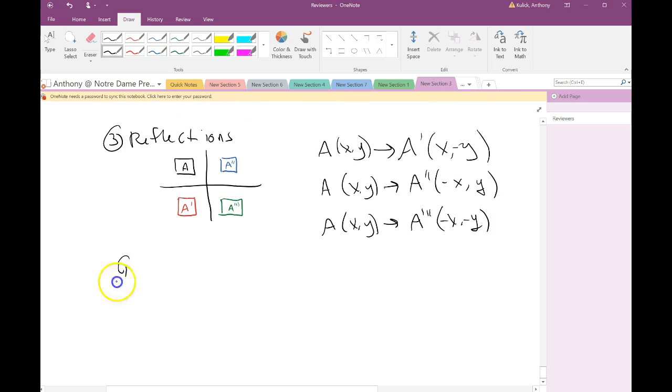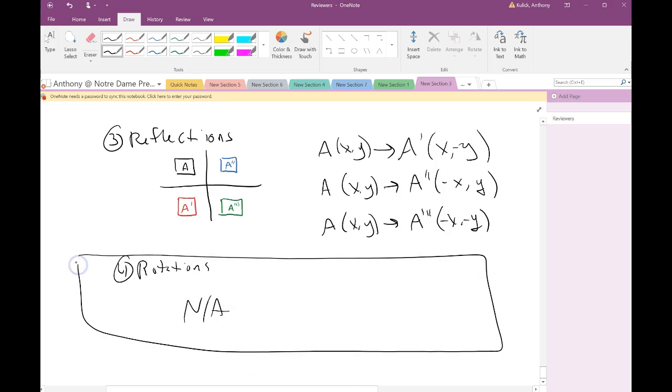And then the fourth type of transformation were rotations. And we don't talk about rotations at all in trigonometry, so we're going to forget about it.